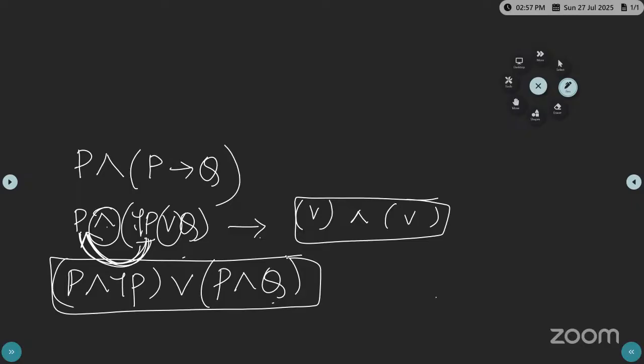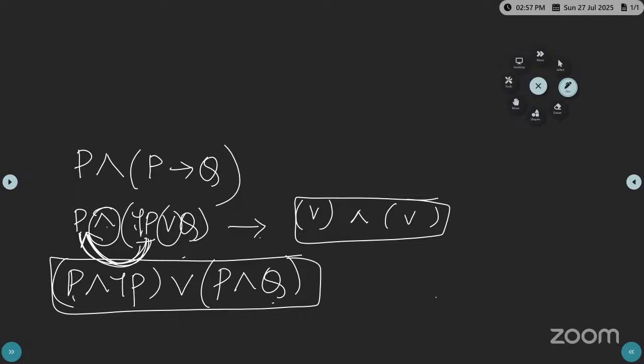Sorry. Next, what should you do here? Now, how will you distribute? Think what you should do here. Again, you are using the distributive law, right?